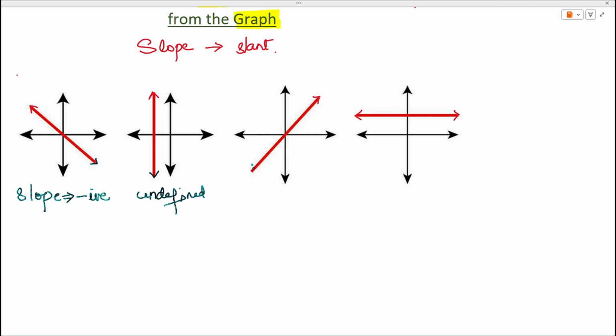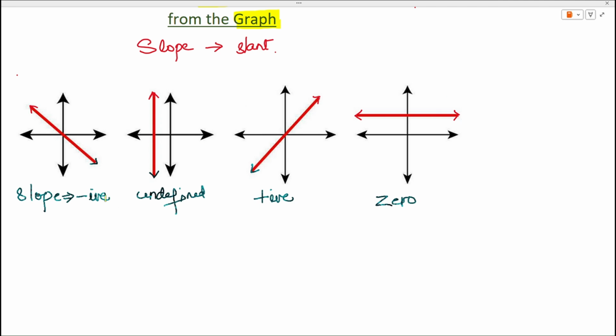For the third one, the line is moving up from left to right. So its slope is a positive value. And for the last one, the slope is 0 as it is a horizontal line and it has no slant at all.